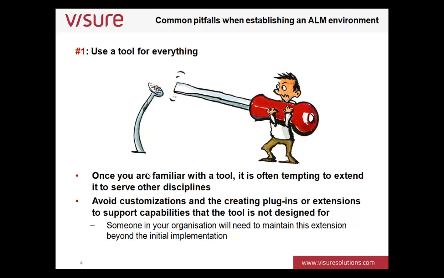For instance, if we have a test management tool that has specific support for requirements management, thinking that extending the use of that test management tool for requirements management will also be successful. In most cases, we have to think that tools have been specifically designed not only to address features, but to address the needs of specific teams.